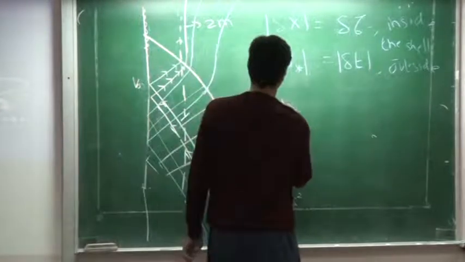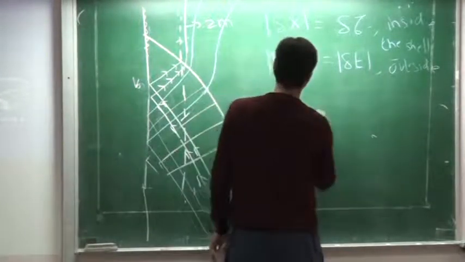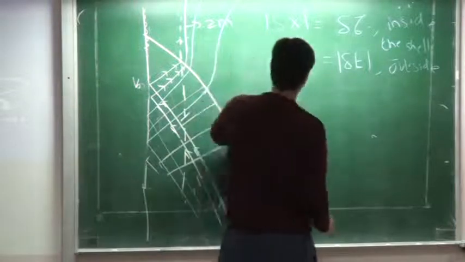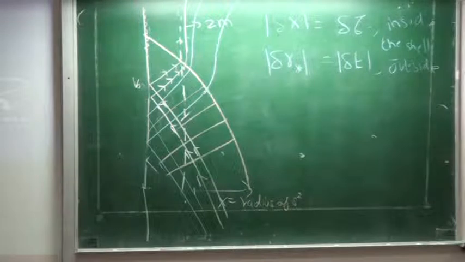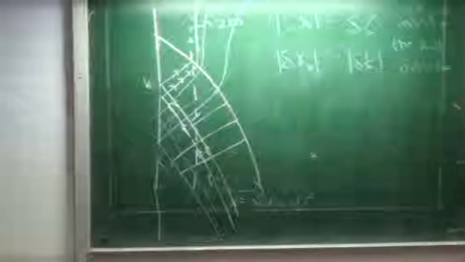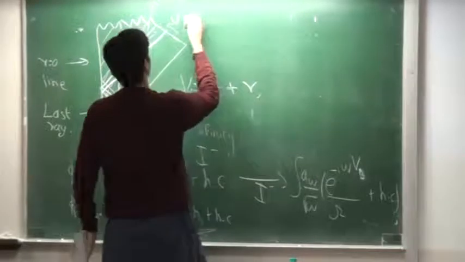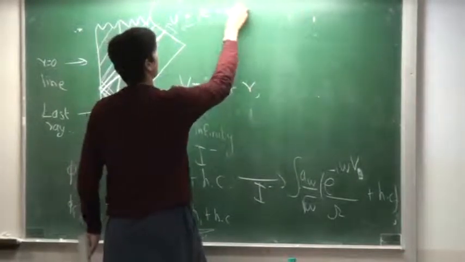So V naught is, remember, in these coordinates also, V is equal to U is equal to, okay.